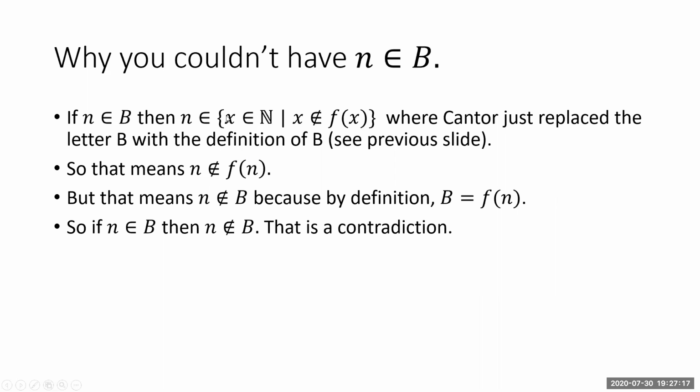B is the set of the numbers that don't belong to f of themselves. So n does not belong to f of itself. Well, that means n does not belong to B. Why? Because at the outset, we're saying, what if there's a number n so that f of n equals B? So I just replaced f of n with B. So if n belongs to B, then n does not belong to B. That's a contradiction.